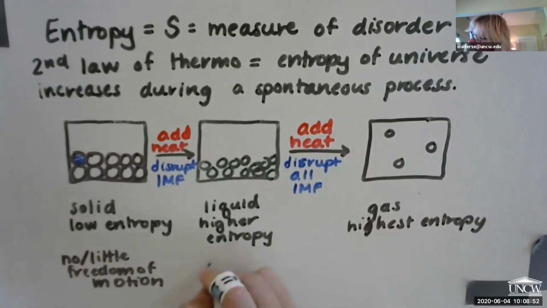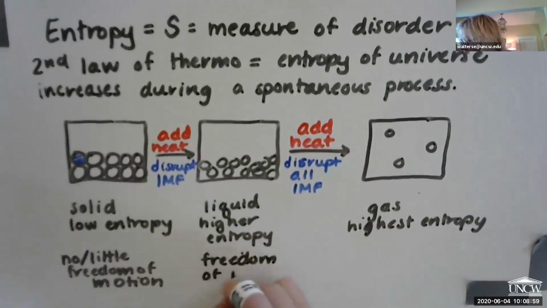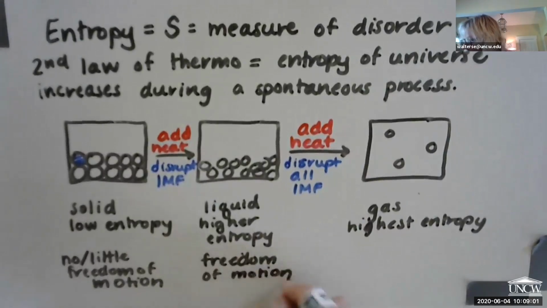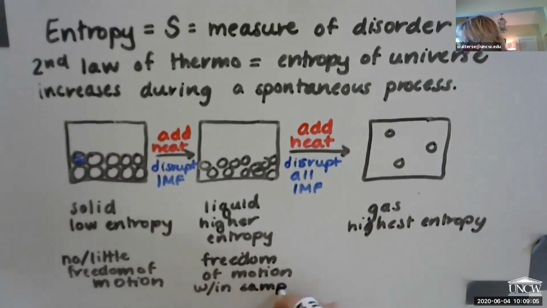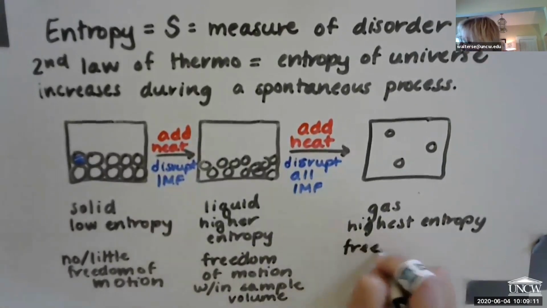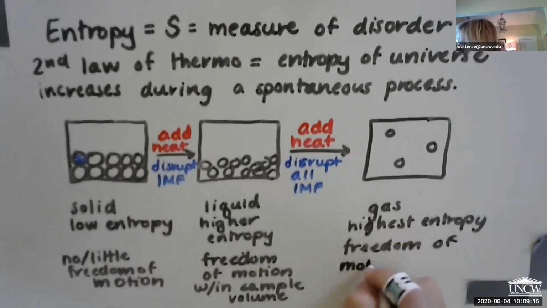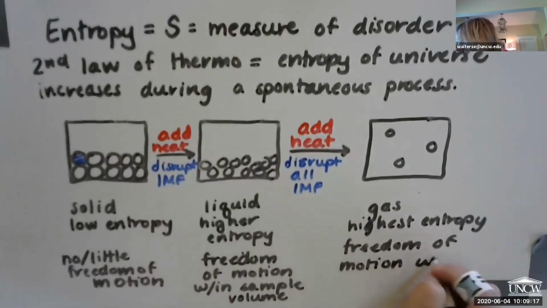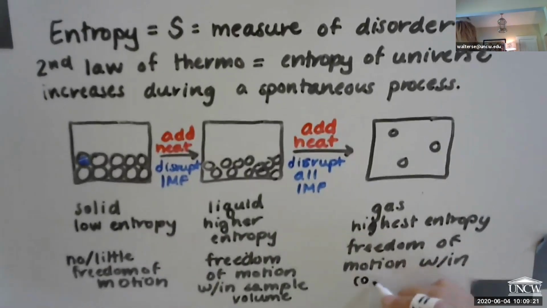In the liquid state, you have freedom of motion, but that is within your sample volume. In the gas, you have complete freedom of motion within your container volume.